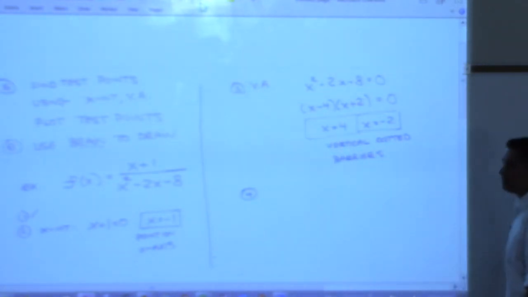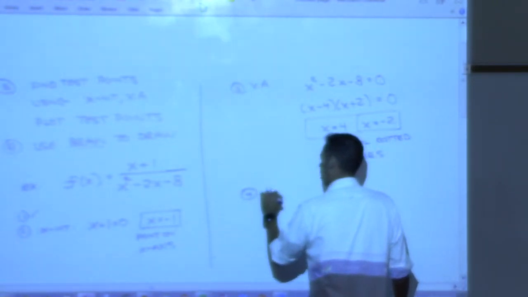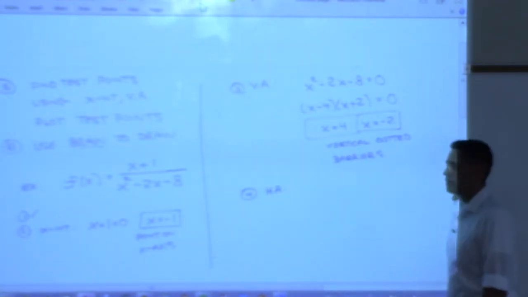Fourth step, horizontal asymptotes. So I didn't tell you how to do this, did I? I don't want to overcomplicate it, but it is somewhat complicated.